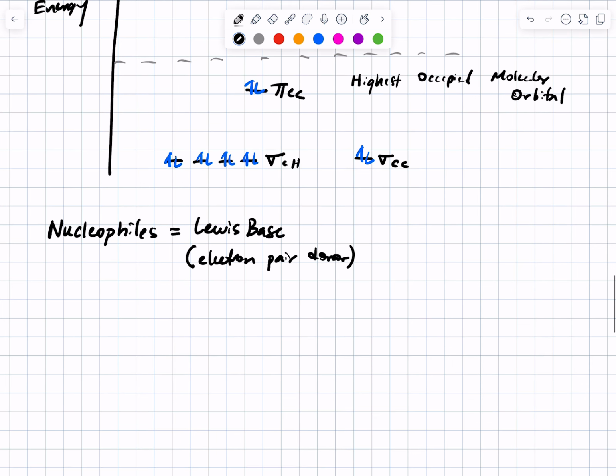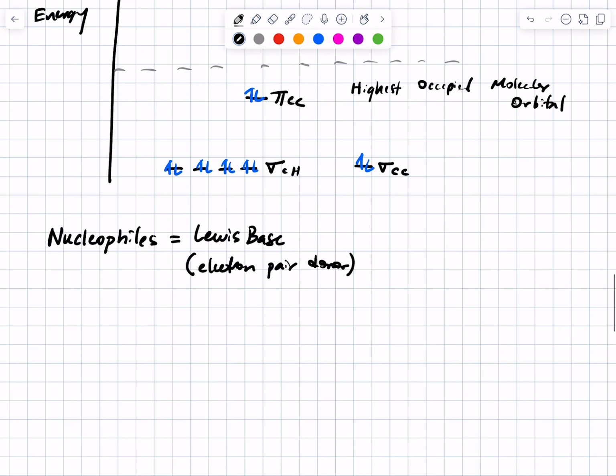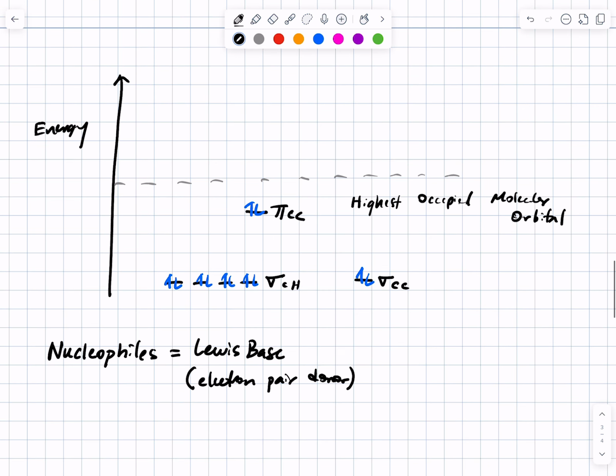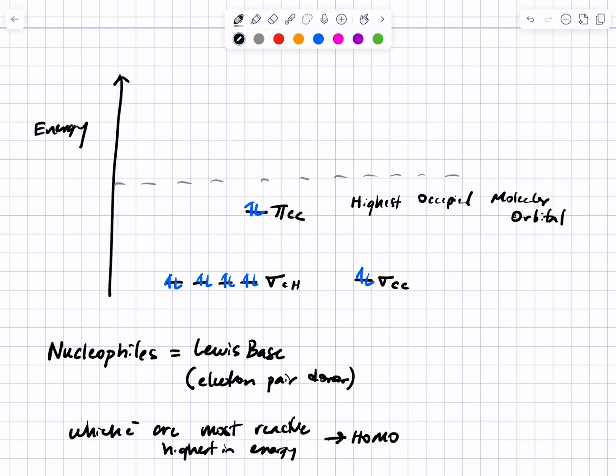So for nucleophiles or Lewis bases, we're going to care about which electrons are most reactive, that is, highest in energy. And that is going to be the electrons in the highest occupied molecular orbital.